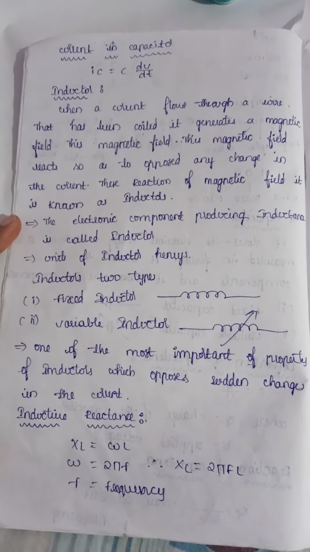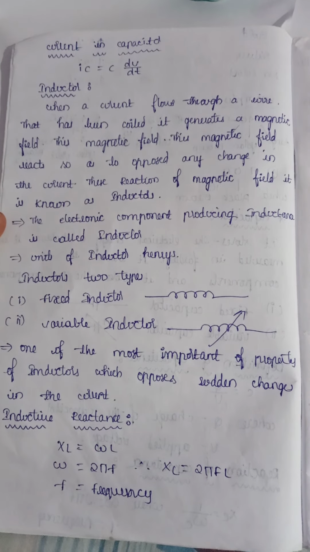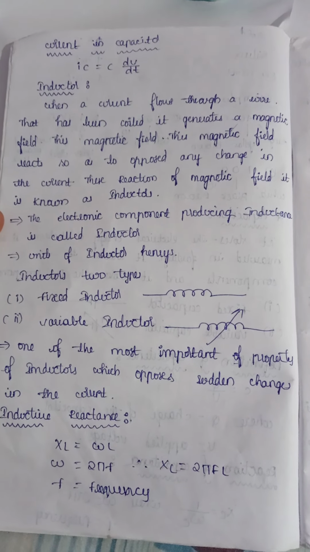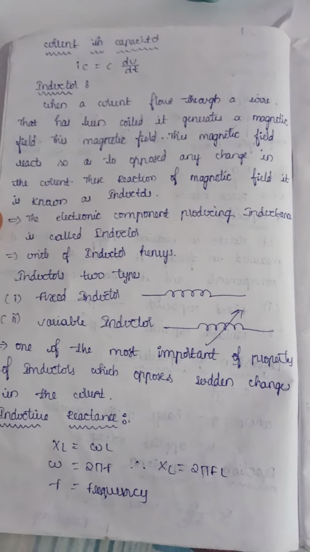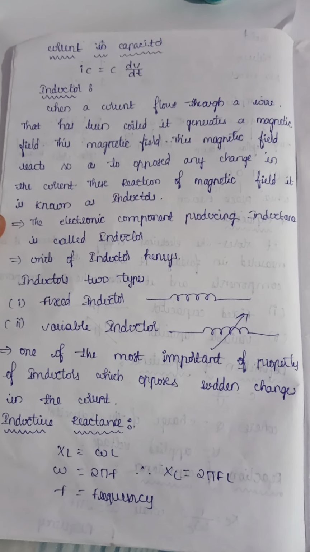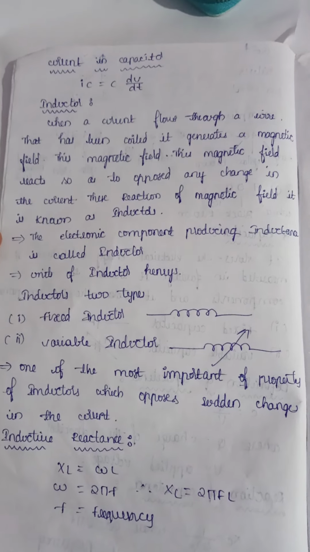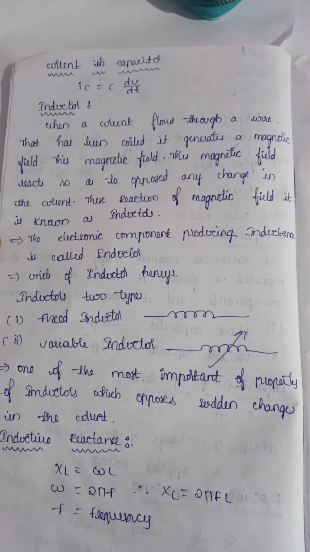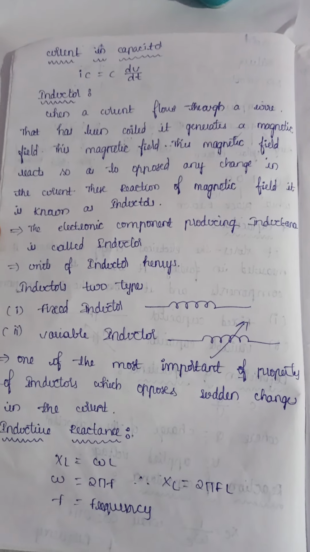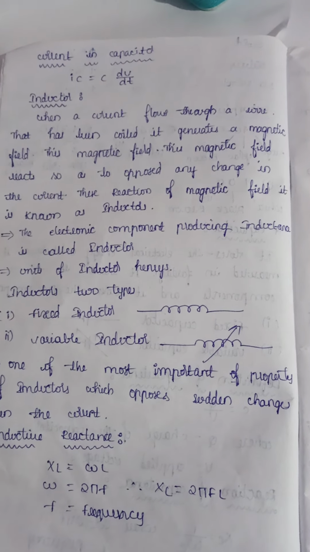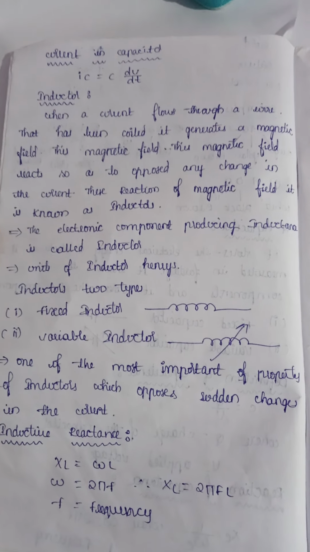Next, inductor. When a current flows through a wire that has been coiled, it generates a magnetic field. The inductor mainly generates the magnetic field. This magnetic field reacts so as to oppose any change in the current.